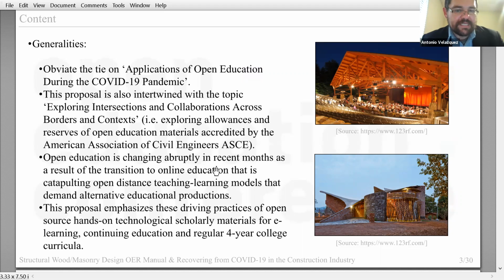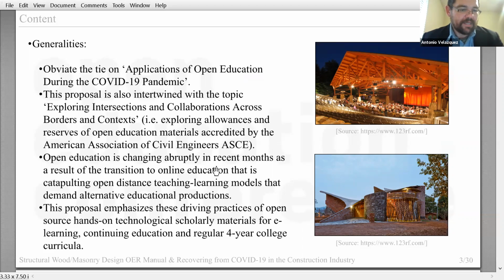Open education is changing abruptly in recent months as a result of the transition to online education. We have seen niches of opportunity for online teaching, online training, and continuing education, interactive online and even going beyond in the upcoming years to virtual reality and virtual environments to help this labor force, which has had problems with unemployment, to get a well-paid job and recover from this contingency.